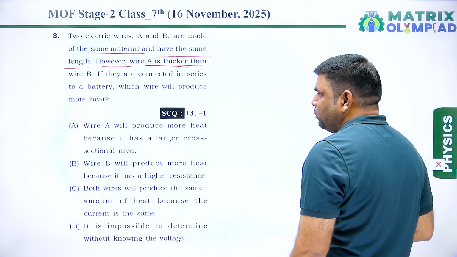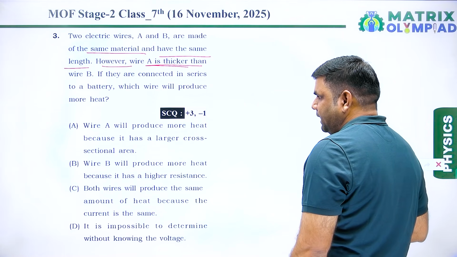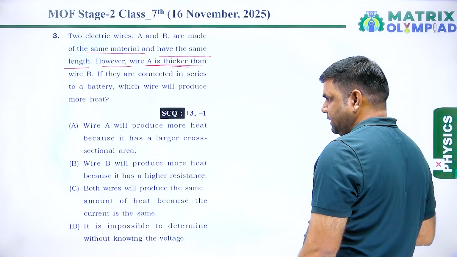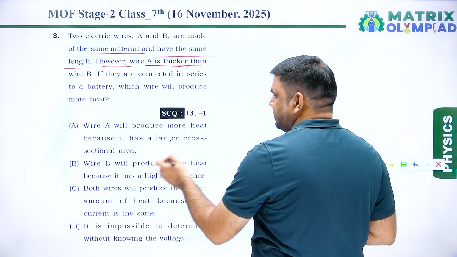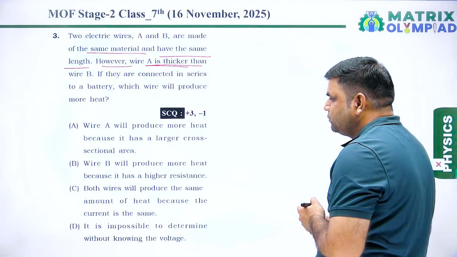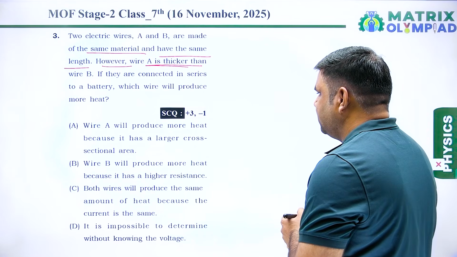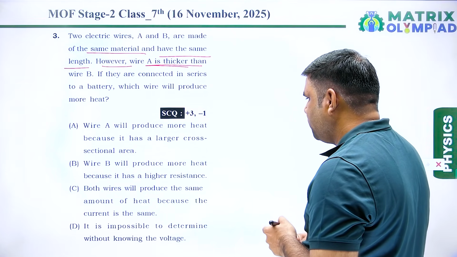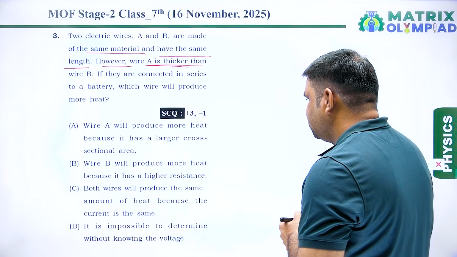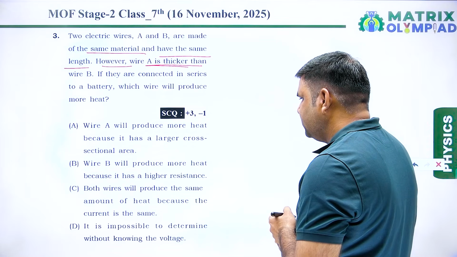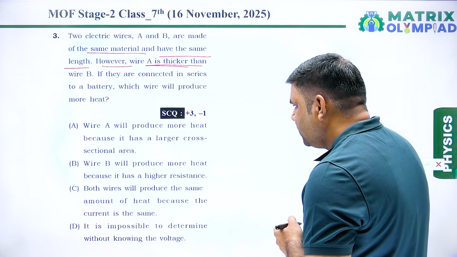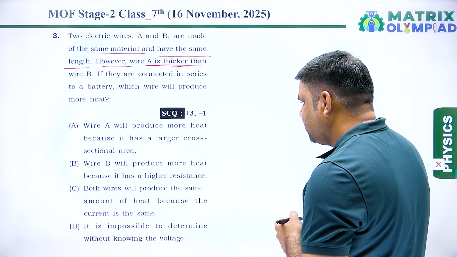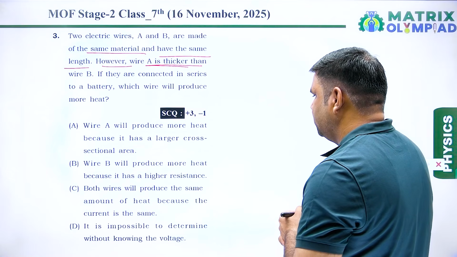Wire A will produce more heat because it has a larger cross-sectional area. Second, wire B will produce more heat because it has a higher resistance. Both wires will produce the same amount of heat because the current is the same. It is impossible to determine without knowing the voltage.